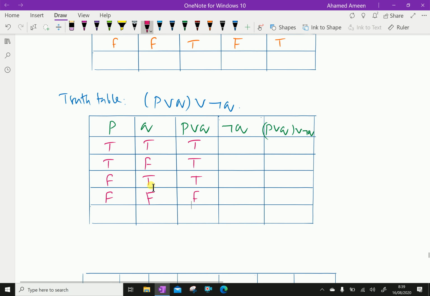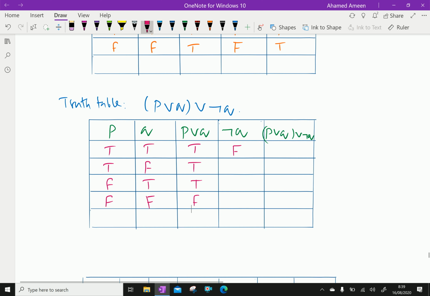Negate Q, we write the opposite of this column: false, true, false, true. Then we find the disjunction of this and this: true false is true, true true is true, true false is true, false true is true.